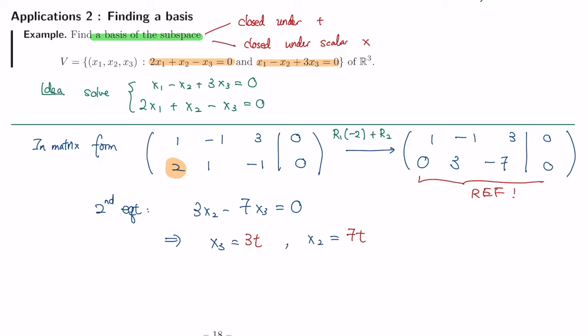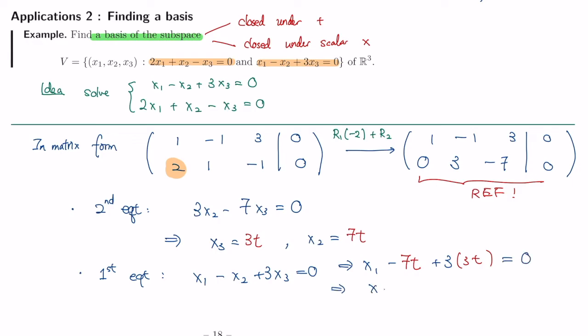And then after solving x2 and x3, how do I find x1? x1 comes from the first equation. The first equation says x1 minus x2 plus 3x3 equals 0. So I have x1 minus 7t, and then plus 3 times 3t equals 0. So x1 turns out to be minus 2t.